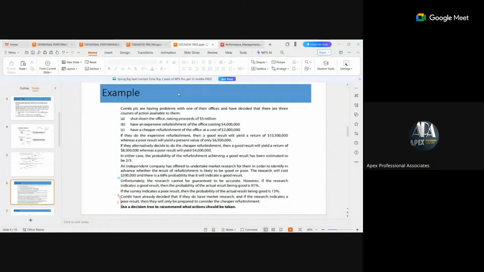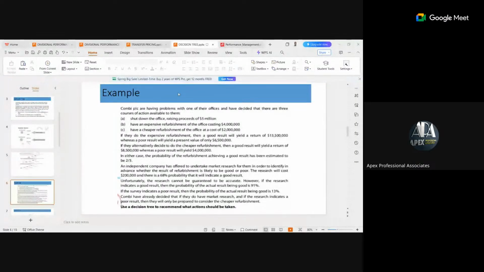The first problem facing them is that they need to choose among three courses of action. That is what the question puts. But if you read further, you discover that it goes beyond three courses of action.